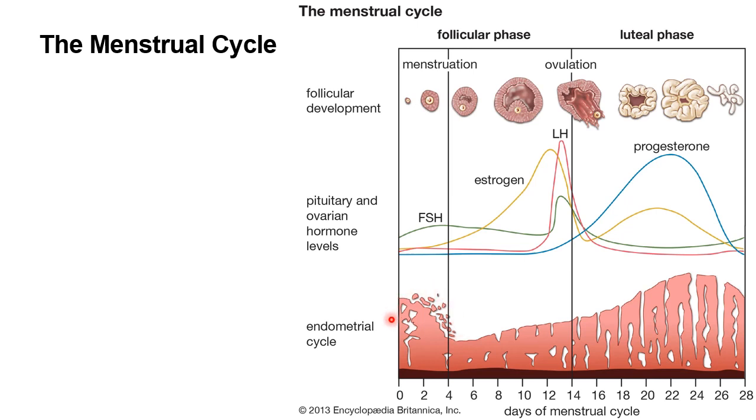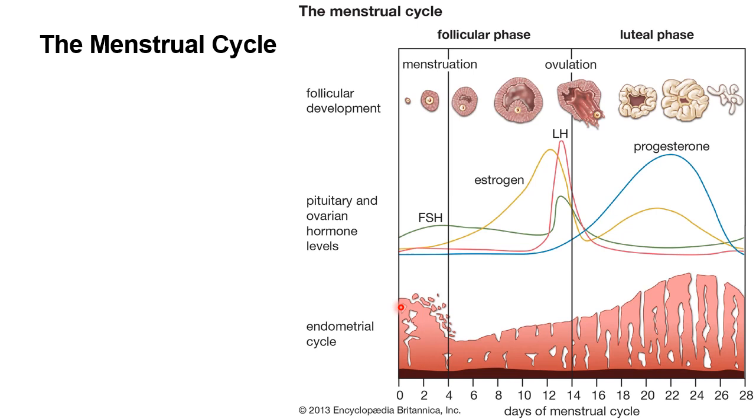with day 0. During day 0, the levels of estrogen, which is this yellow line, and progesterone, which is this blue line, are very low. Because estrogen and progesterone during day 0 are very low, there is no hormone that maintains the endometrium.